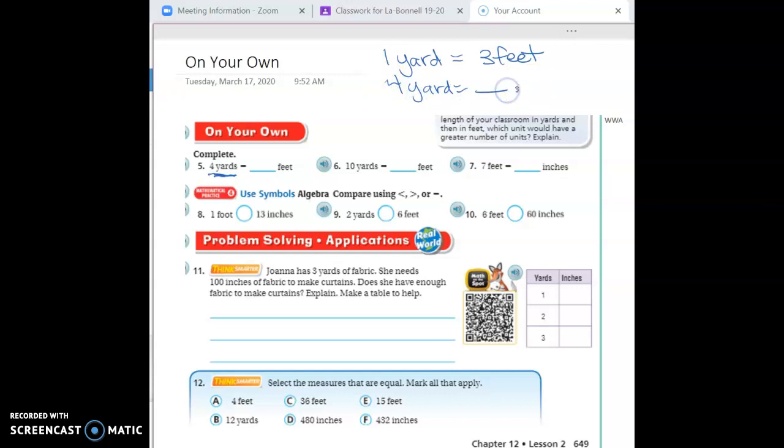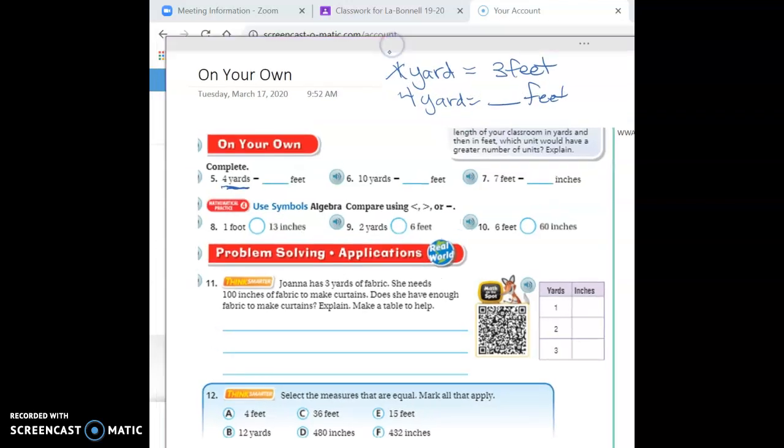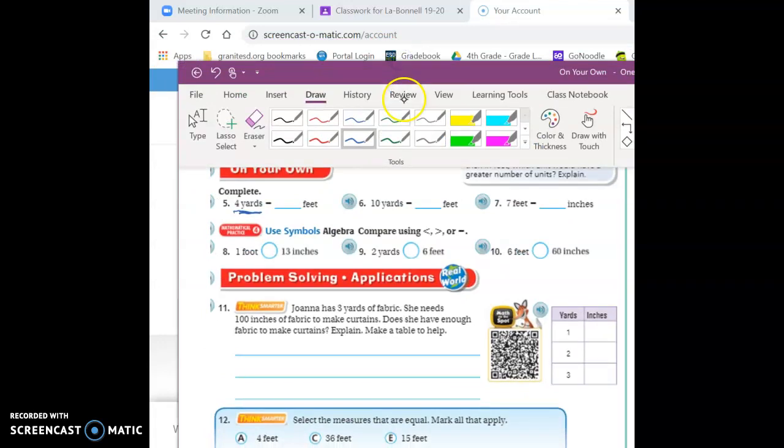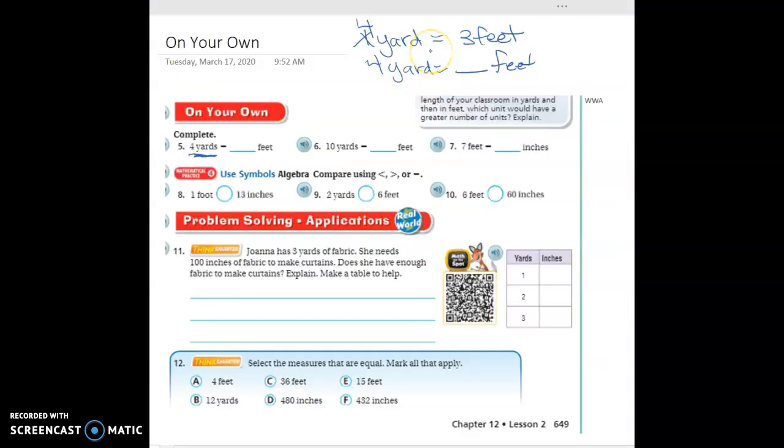We need to figure out how many feet. So if you replace this with a 4, you know that 4 times 3 gives us 12. So this is 12 feet. There are 12 feet in 4 yards.